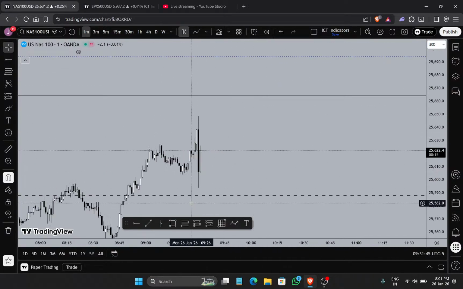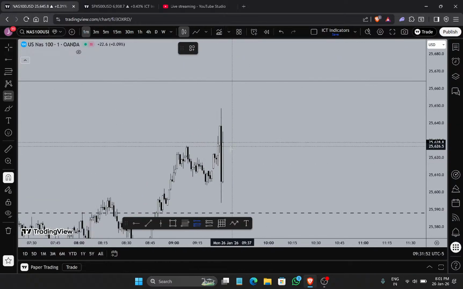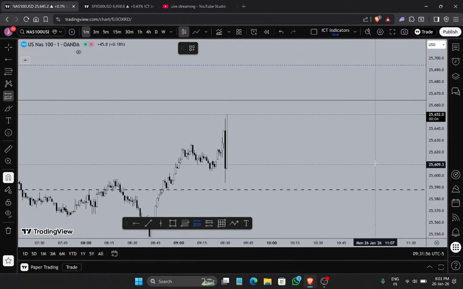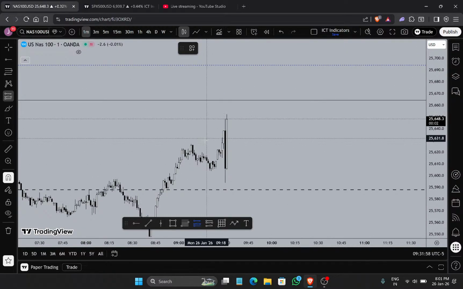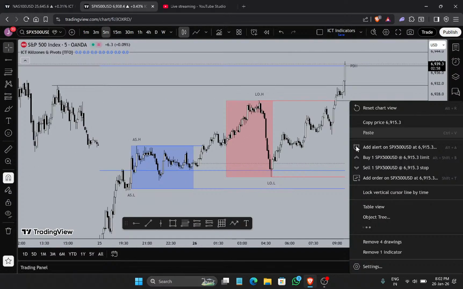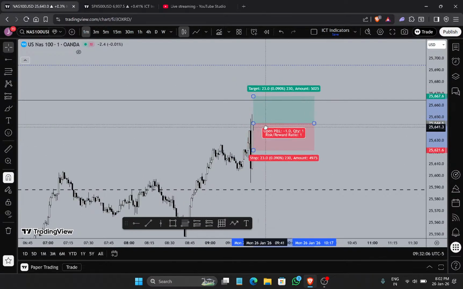So let's see if this closes here, we can plan a trade to the upside here. If there is a 30-second, yeah, look at that. I think the 30-second does involve that. We already tapped into this previous high. We are very bullish.